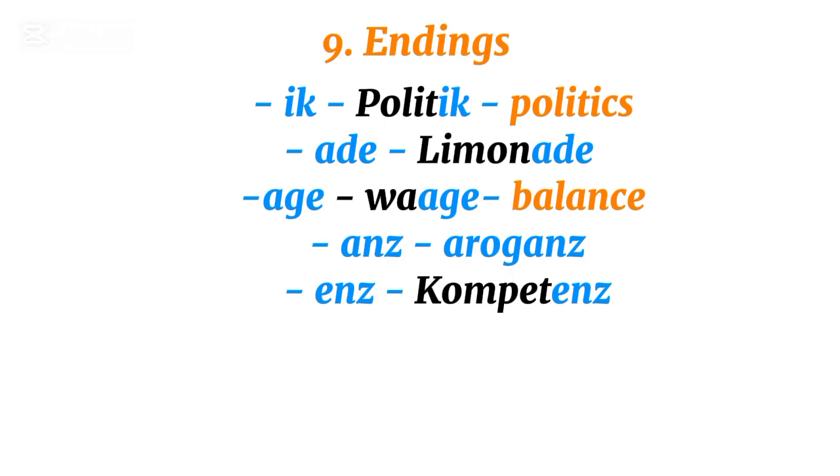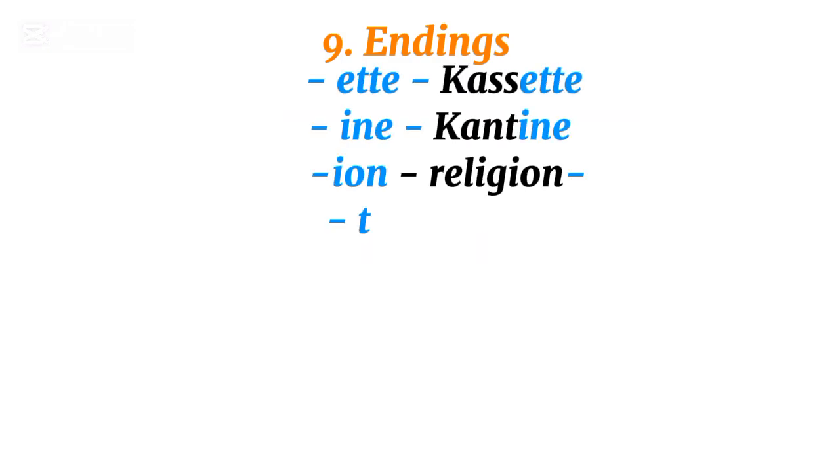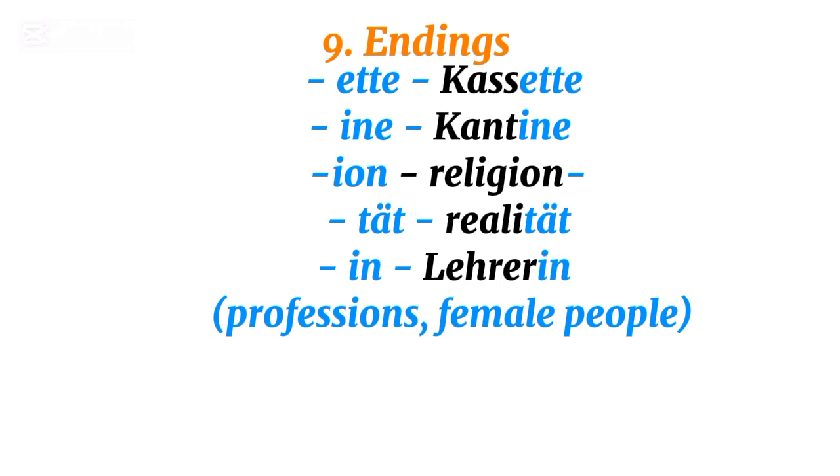We also have words ending with an AGE, for example Waage, this is the balance. We also have ANZ, for example Arroganz. Okay. We also have endings ENZ, for example Kompetenz. All these they take a D. We also have endings ET, INE, ION, for example Religion, Realität. All these they take a D.